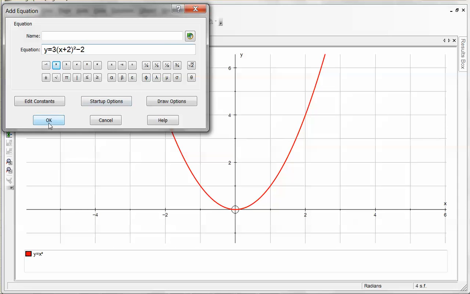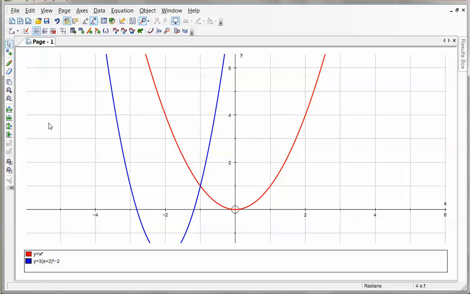What do you expect is going to happen to the graph? It will move to the left, it will move down, and it will squash in, you think? Is that what you're expecting?